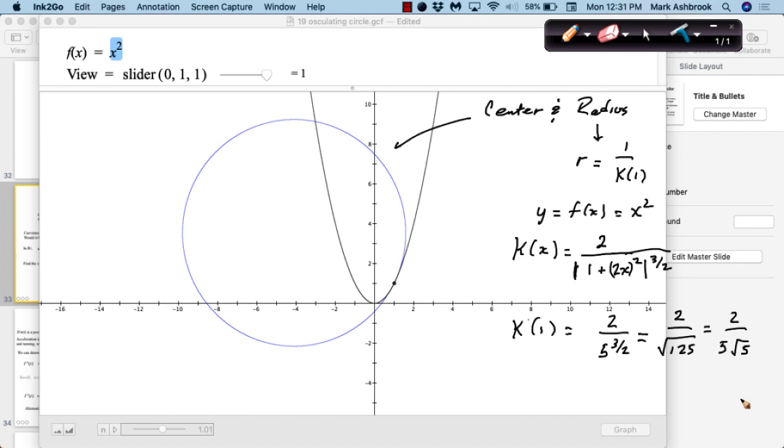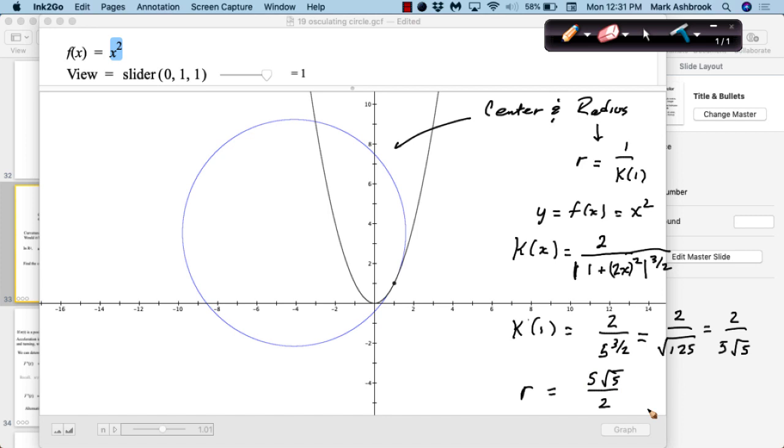Good so far? So the radius is? So the radius we want is 5 radical 5 over 2. Have we done all the math right so far? Please, if you think there's a mistake, please speak up.